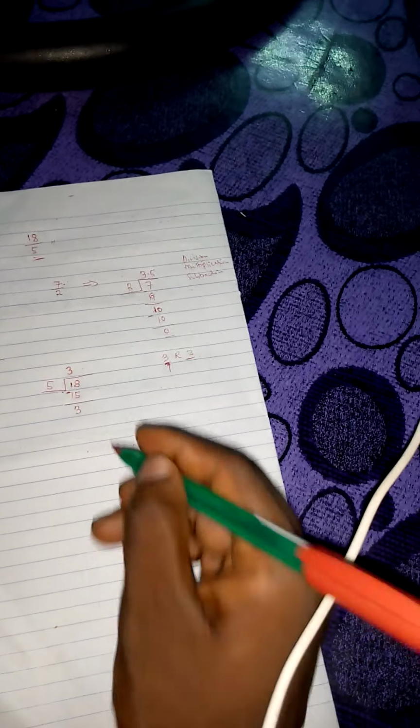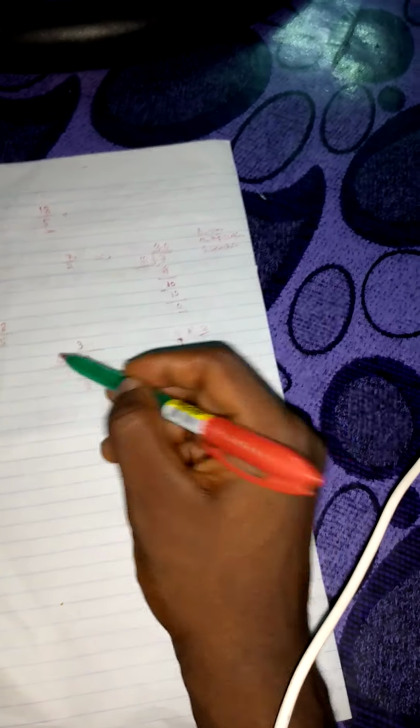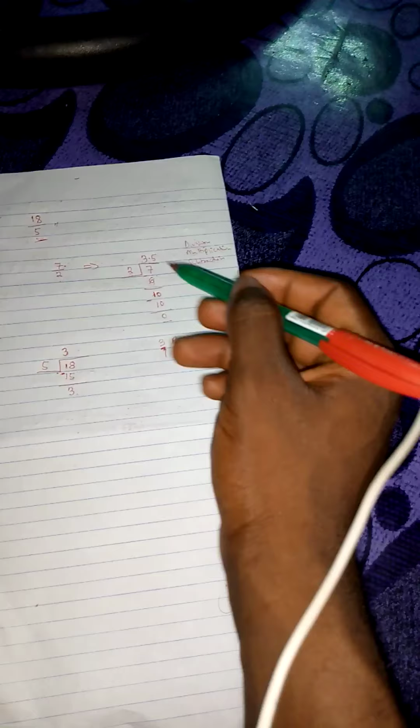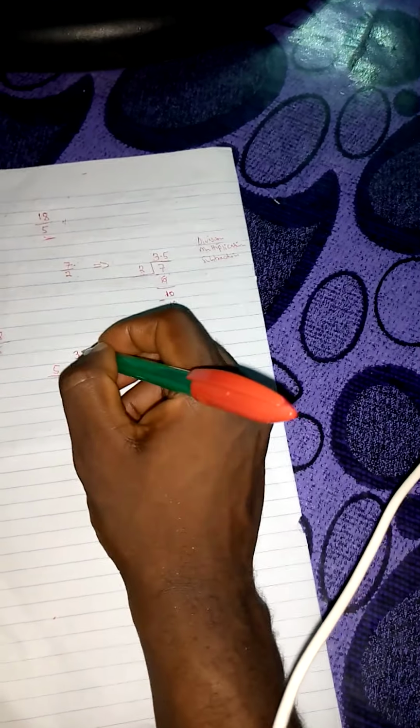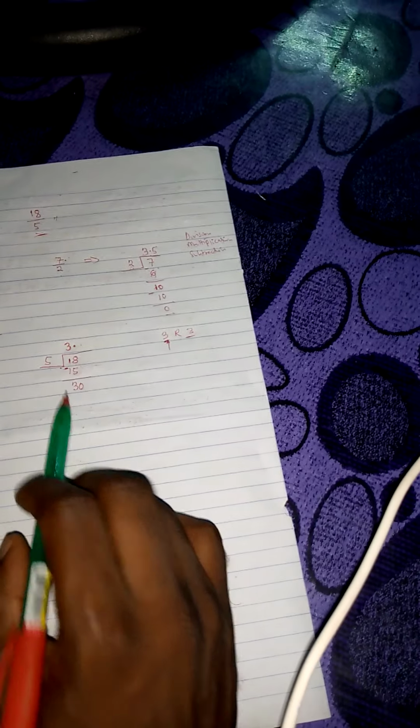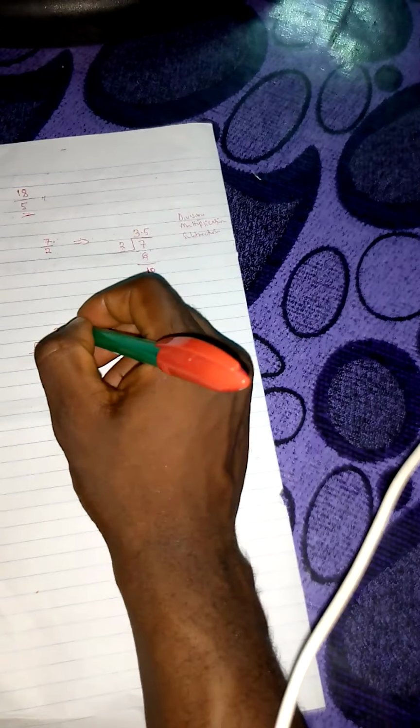Okay, now let's divide this. Can 5 go in 3? Cannot. Just like what you had done in this case, you add 0 to that number, and that 0 becomes a point automatically. So you now have it as 5 in 30. The answer is 6. Write 6 there.